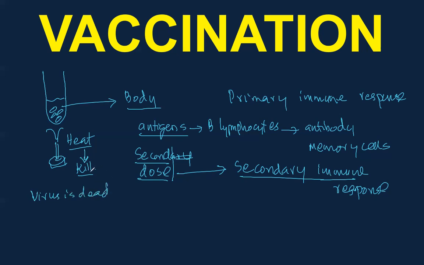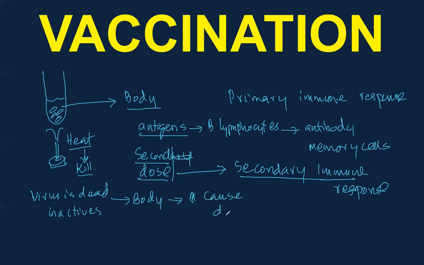But if you use a virus in the same way, even if you heat it, you're not killing it. You cannot kill a virus because it's not alive. It's a chemical. You can make it inactive using chemicals and inject it into the human body. But there's a disadvantage. This virus can come back alive and cause the disease.